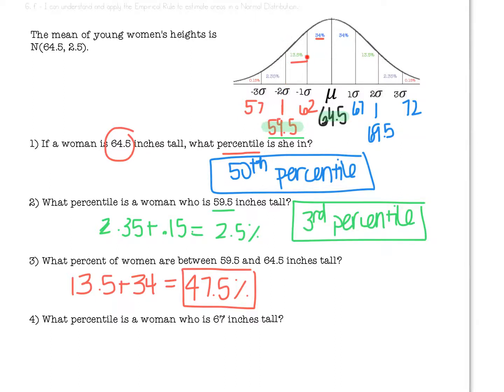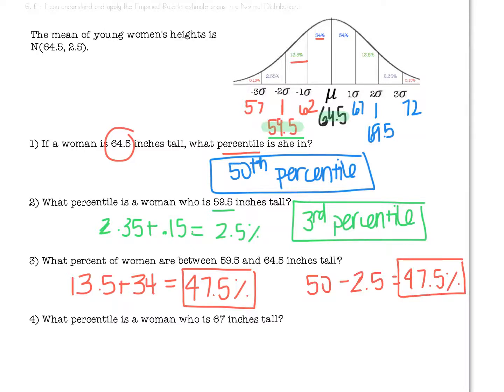So if 50% is below 64.5 and 2.5% is below my lowest, I could simply take 50% and subtract out these two pieces right here, and that would tell me what is between 64.5 and 59.5. So the other approach would be to say 50 minus 2.5 also gives me 47.5%. Either way, whichever one makes sense to you.